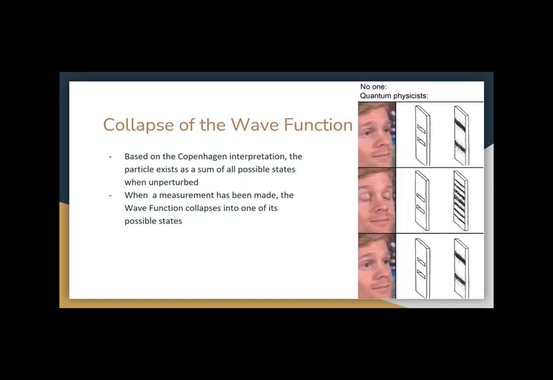Moving on to the collapse of the wave function, based on the Copenhagen interpretation, the particle will exist as the sum of all possible states when it's unperturbed. However, when a measurement is made, the wave function will then collapse into one of its possible states. So as we can see in the meme over here, what scientists have actually done was to place a detector in each of these slits to see which slit the particle actually went through.